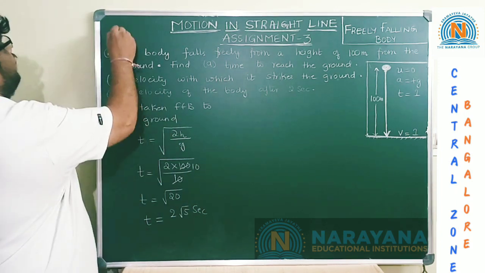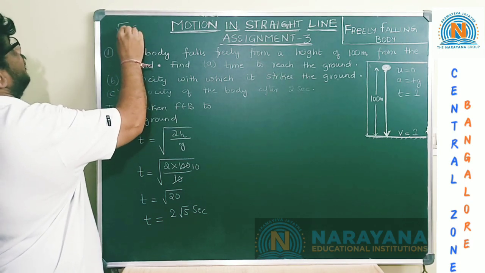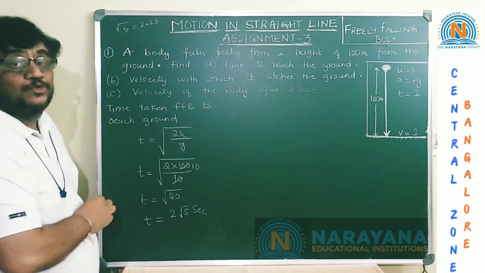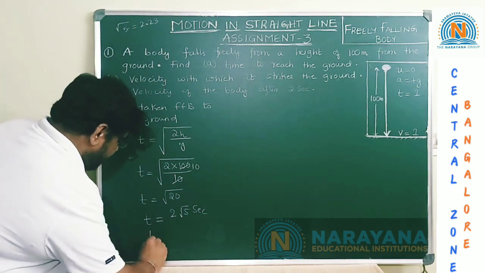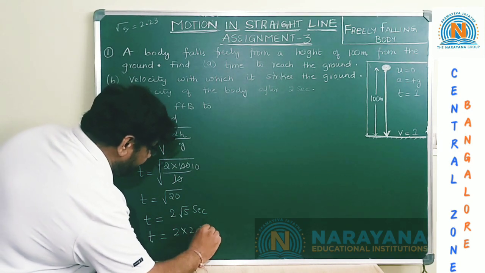Do you know the value of root 5? It is 2.23. So t will be equal to 2 into 2.23.